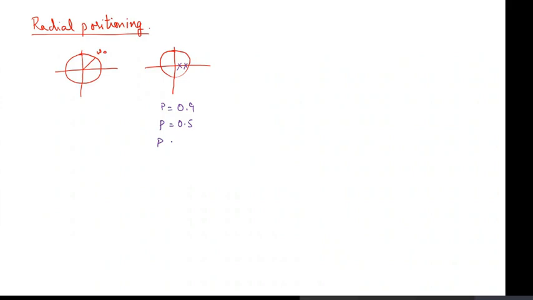Then say P equals 0.3. See, these are on the same line. But what will happen to the amplitude response as you come towards the frequency component across the radius? What will you find?